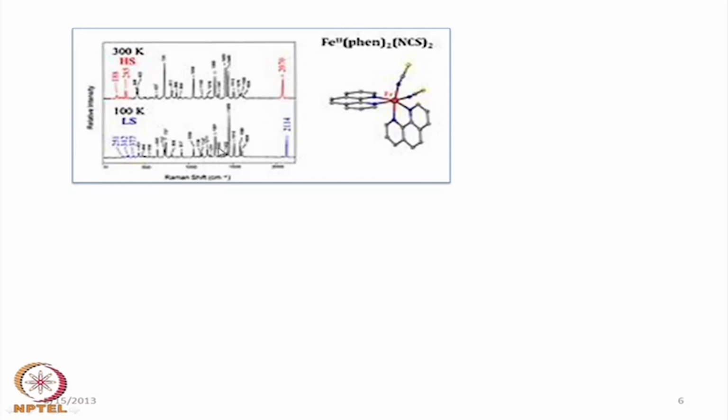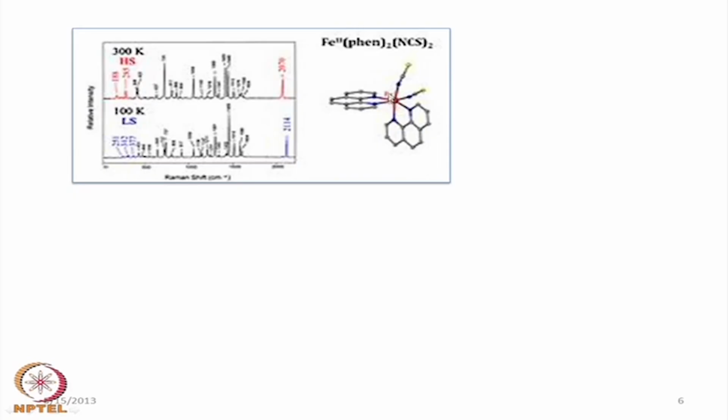That means the LS form can be generated at 100 Kelvin, and as we go up, we have seen that around 185 Kelvin the spin transition takes place from low spin to high spin, and there we get the corresponding signatures for the high spin signals. High spin signals appear because the number of electrons occupying the different d levels are different, in the case of this particular iron center also.